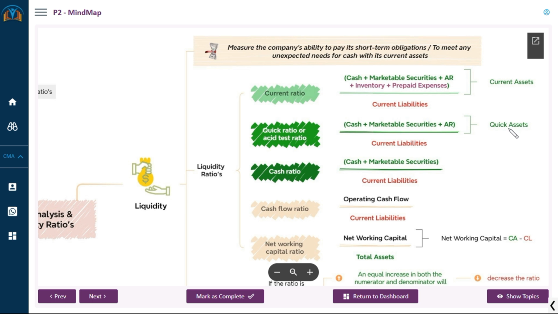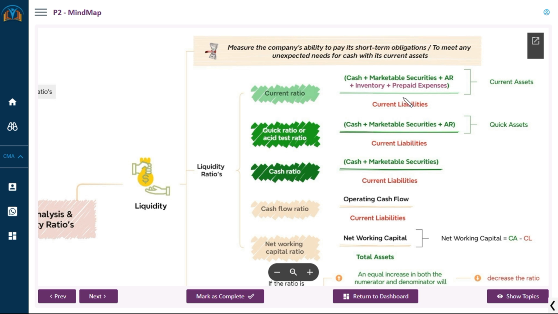And if you add inventory and prepaid expenses to the quick assets, you get your current assets. And in cash ratio, we don't include accounts receivable.